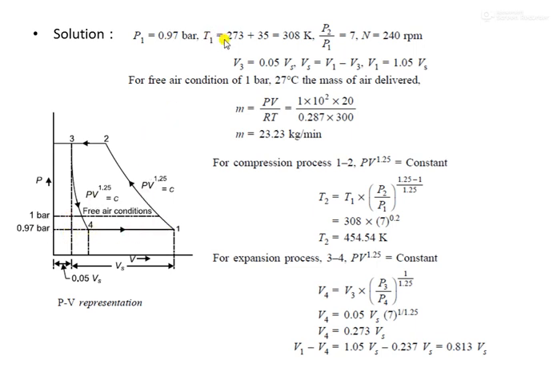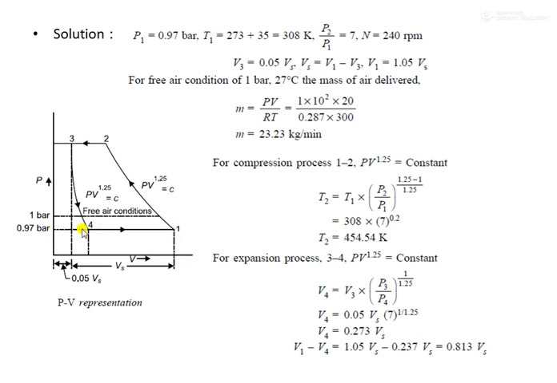T1 is 35 degrees centigrade, so in Kelvin it is 308 Kelvin, and the compression ratio P2 by P1 is given as 7. RPM is 240, right? V3, the clearance volume, is 0.05 of the swept volume, right?